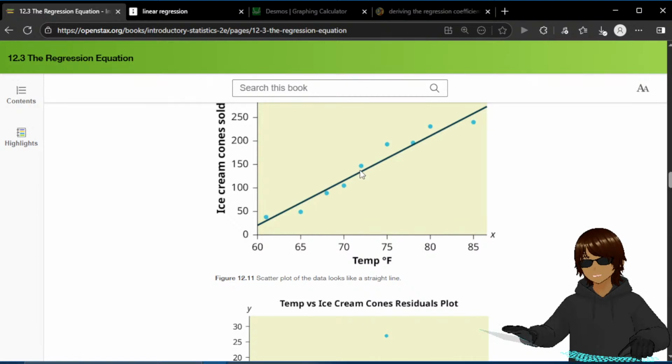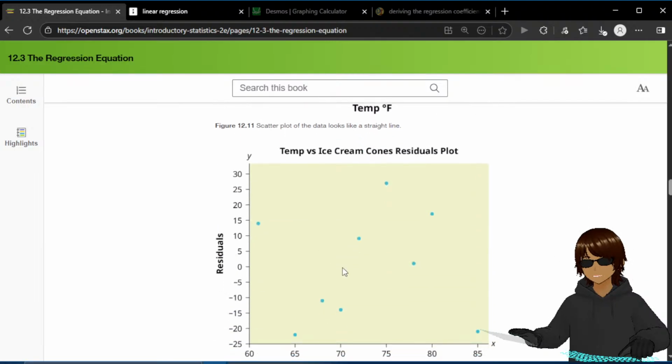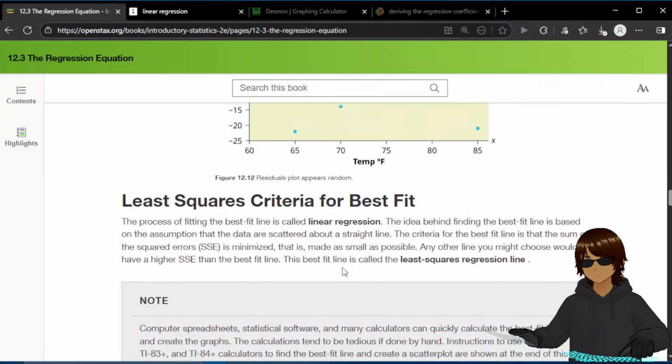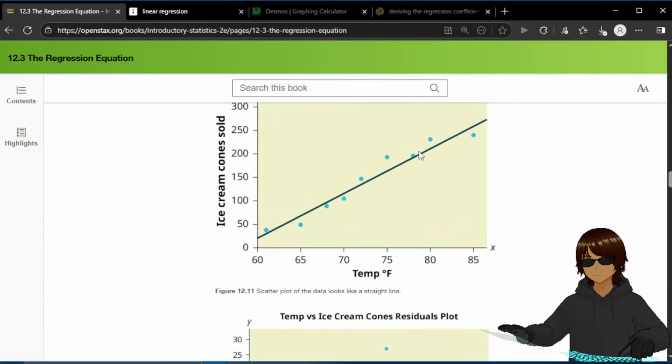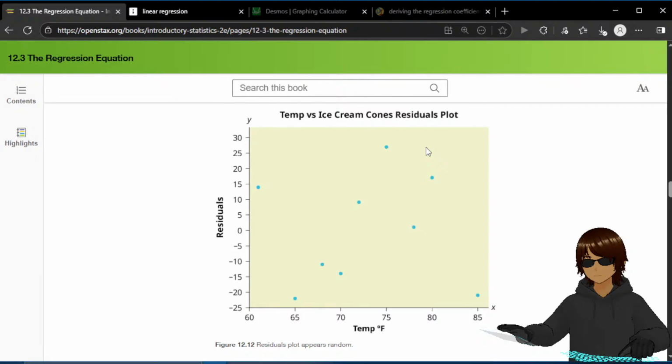Oh, I see. So if the data are close together, their residues would appear random, right? But what if we try to plot a linear best fit on this graph and we try to make a residue, would the residue appear random?